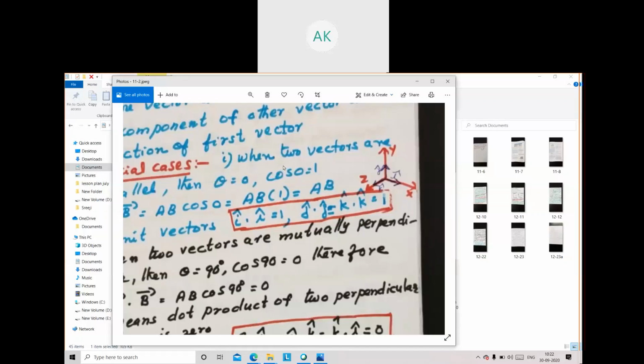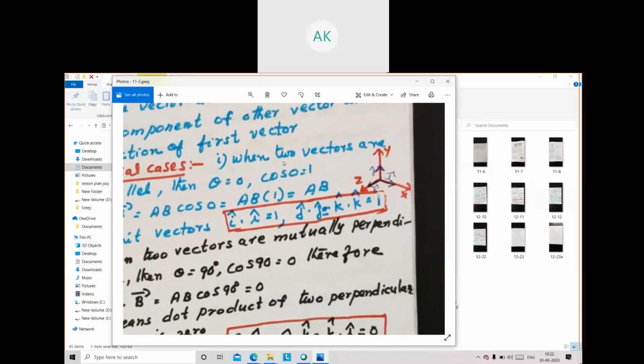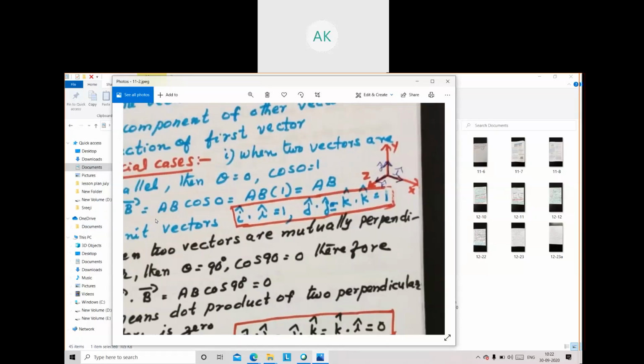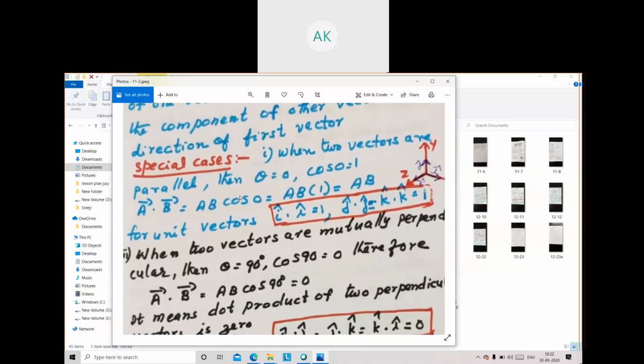So we can write, when theta equals 0, when two vectors are parallel, cos 0 equals 1. So what is A dot B? AB cos 0 equals AB into 1 equals AB.